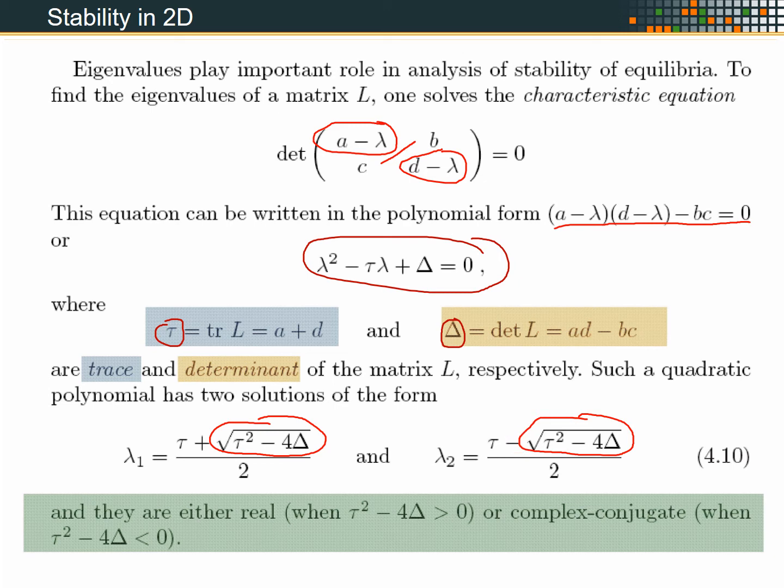That means that the solution finally is a real part that is identical for the two solutions, which is composed of tau divided by half, plus an imaginary part that actually is different in sign. And these special solutions that are only different in sign for the imaginary part we call complex conjugate.